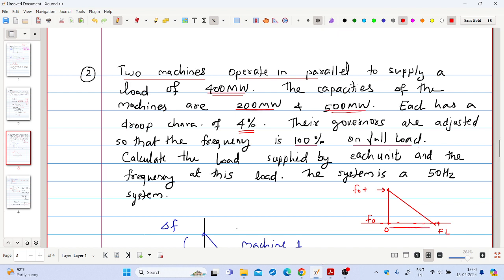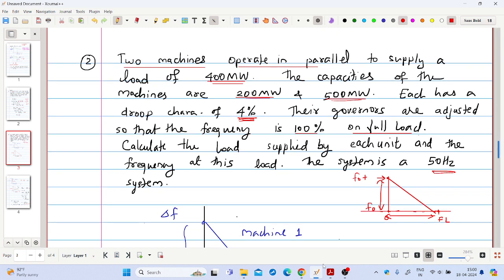When the machine is loaded to the full extent, the frequency will drop by this much, and that amount is 4% of the rated frequency, which is 50 hertz here.